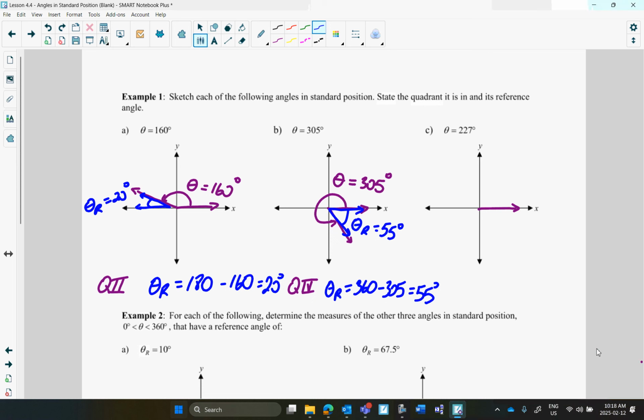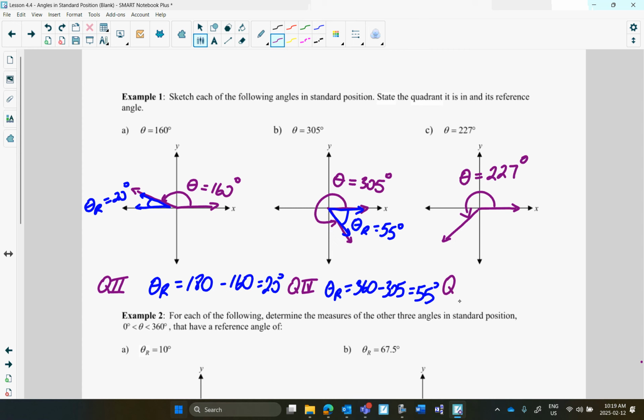Okay. So 227, you should get somewhere around there, because 225 is halfway into this quadrant. 227 will be very, very close to that. So that's 227.